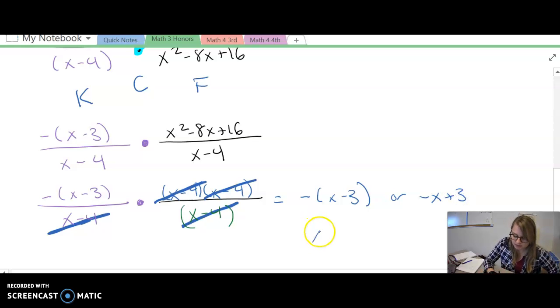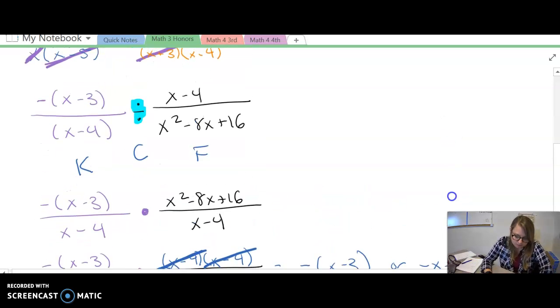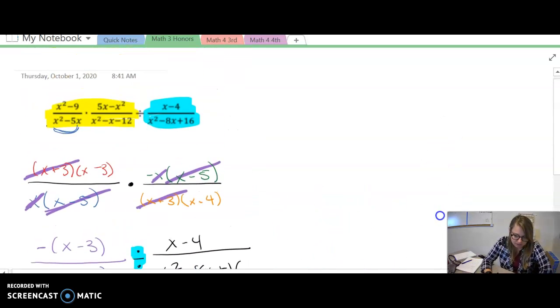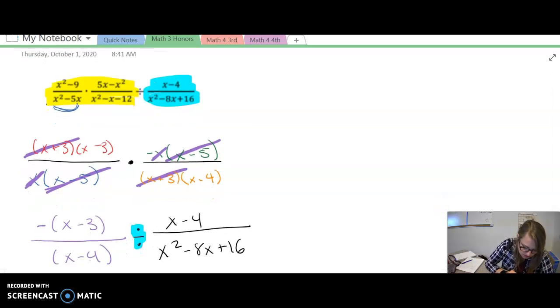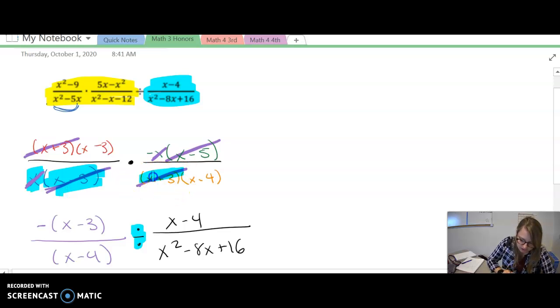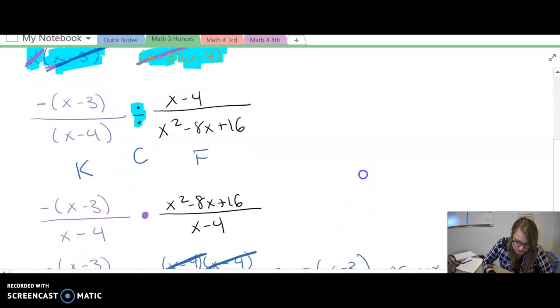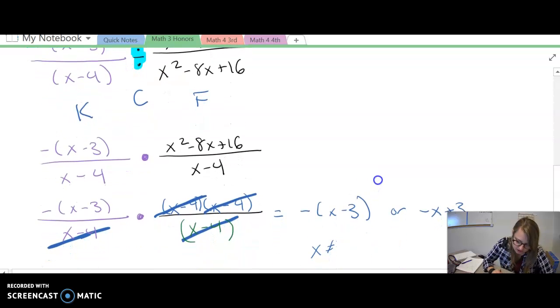And then our last step is to state the restrictions. So remember what I said about restrictions, you want to go back to the beginning. So going back to the beginning, when we factored everything, x can't be 0, x can't be positive 5, x can't be negative 3, x can't be positive 4, and then when we factored our second quadratic, x can't be positive 4.